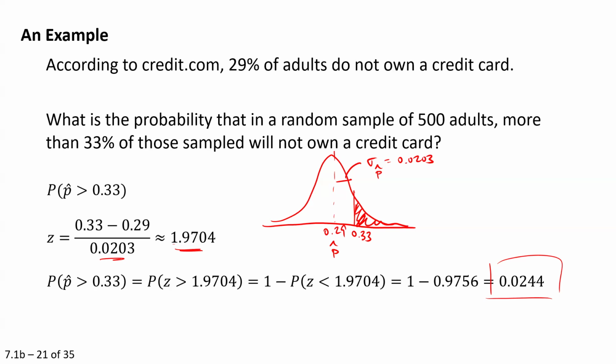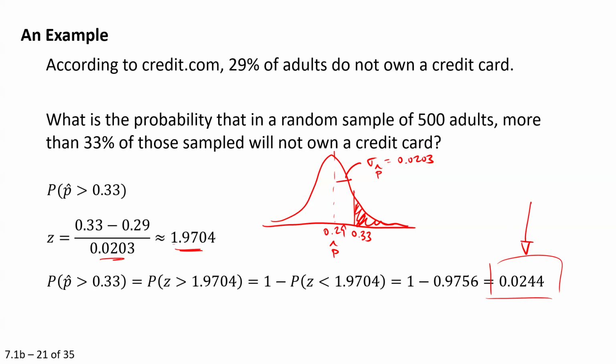If 29% of the people in Colorado don't own a credit card, and I sample 500 of them, is it possible that I'm just going to get an unusually large number of people there? Yes. And it's unlikely. That's the probability that it'll happen.